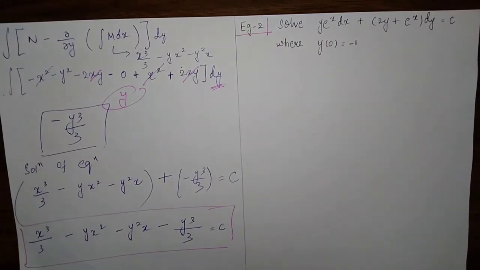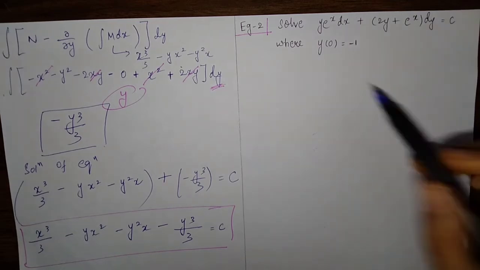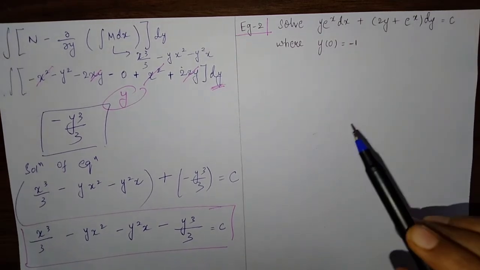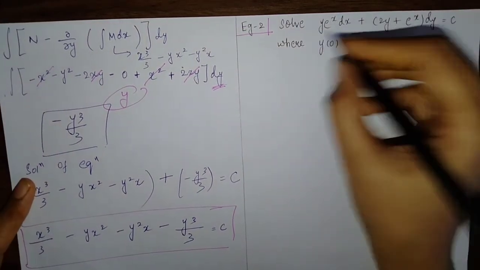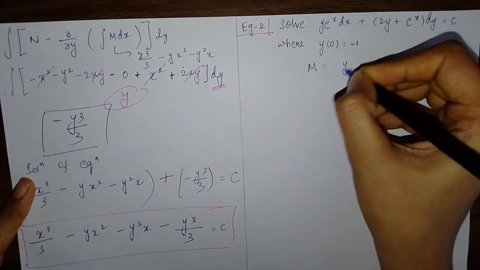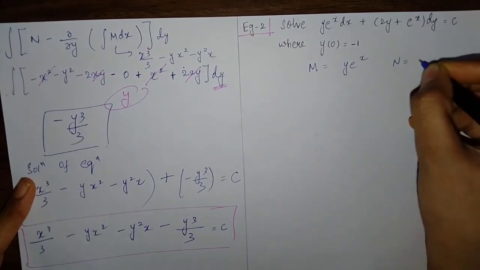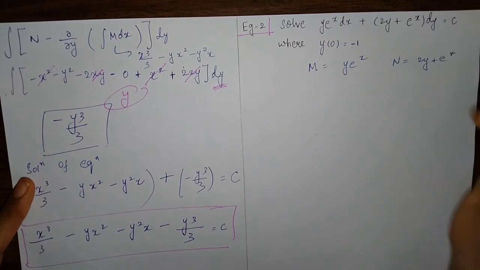So example 2. Again, solve y e raised to x dx plus 2y plus e raised to x dy equal to 0, where the value of y is given minus 1. So again, if we compare it, then our m is y e raised to x and our n is 2y plus e raised to x.